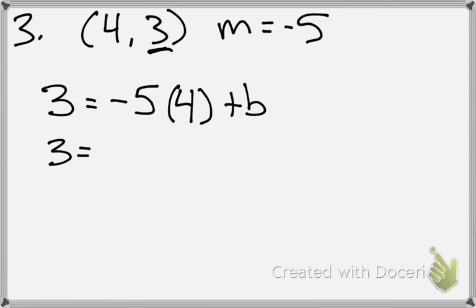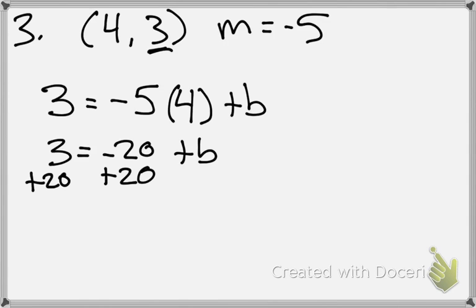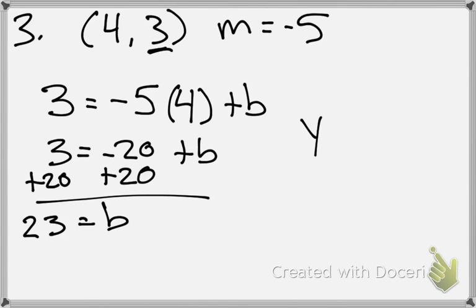So then I'm left with 3 equals negative 20 plus b. So I'm going to add 20 to both sides, which will give me 23 is equal to b. So the equation of this line is y equals negative 5x plus 23.